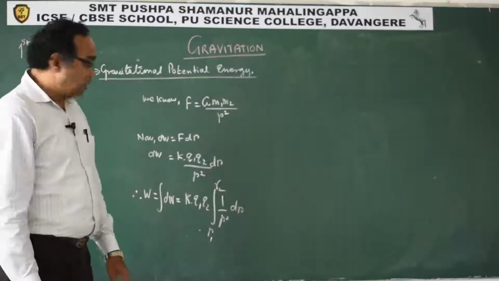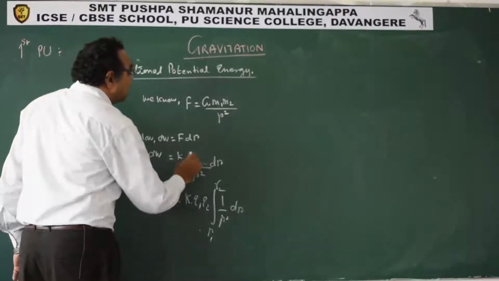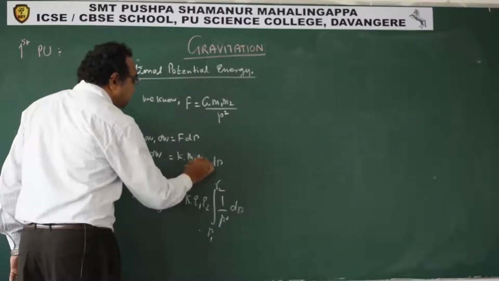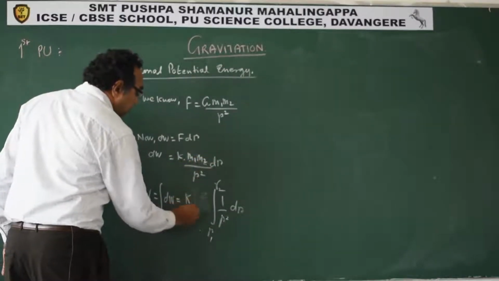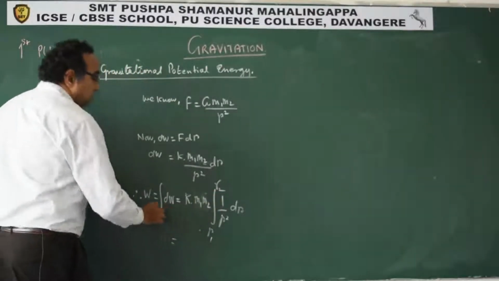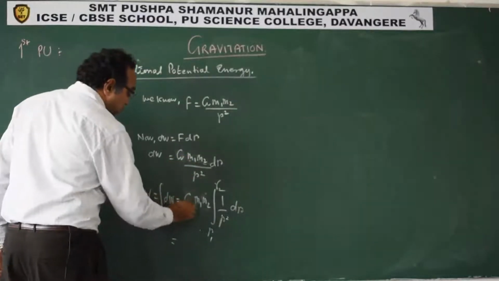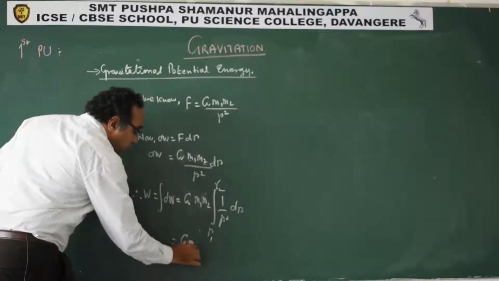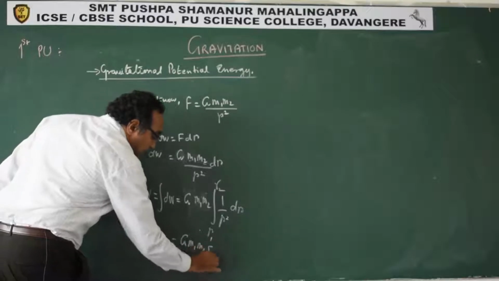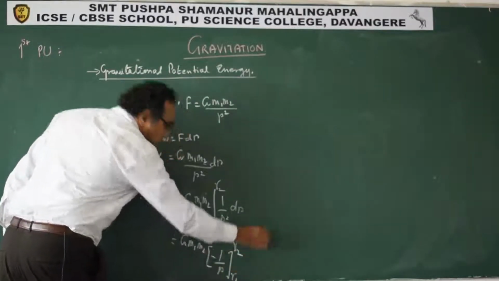This is what we have. Now integration of this, not q1 q2, this is m1 m2. So what we have is G m1 m2, and this will give us minus 1 by r from r1 to r2.